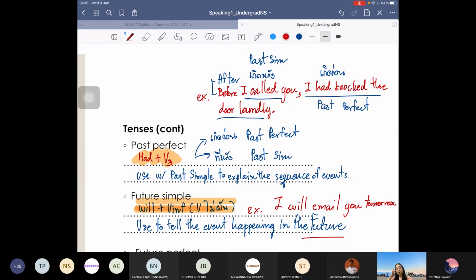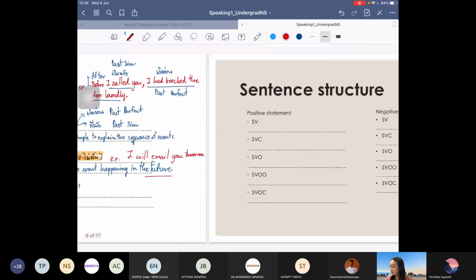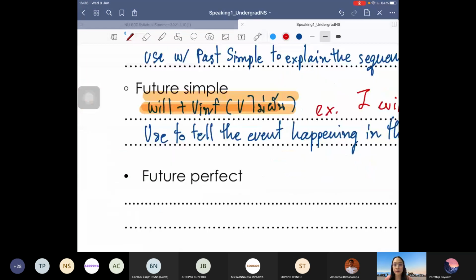tense ที่ซับซ้อนเนาะ ถ้าไม่ได้สอบ writing เราก็แทบไม่ได้ใช้เลย พวก present perfect tense, past perfect tense, future perfect tense เนาะ แต่ basic in daily life เนี่ย ยังไงเราก็ใช้ present simple, past simple, present continuous, future simple เนาะ เป็น tense หลักๆ ที่เราใช้กัน ต่อมา tense สุดท้ายคือ future perfect นะคะ หน้าตาของมันคือ will บวก have บวก verb ช่อง 3.